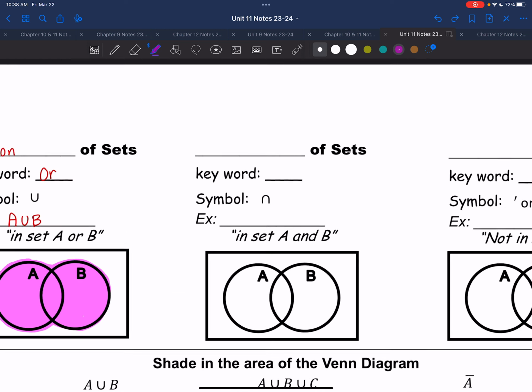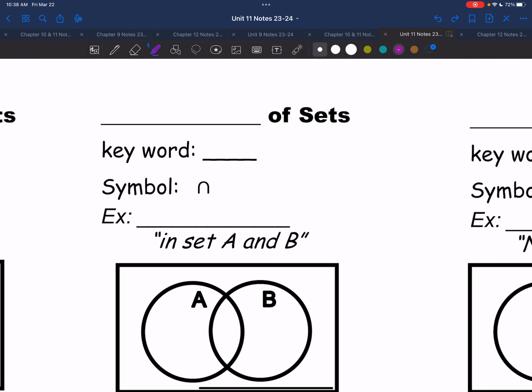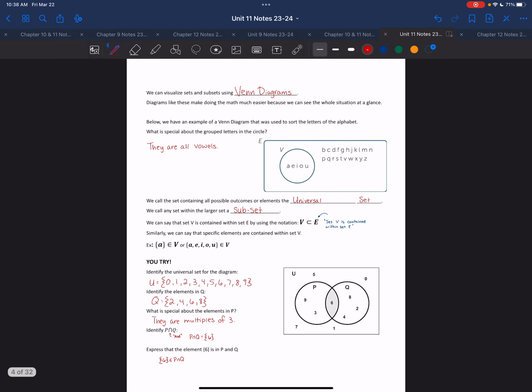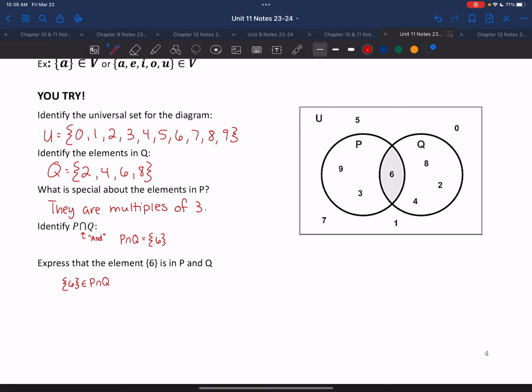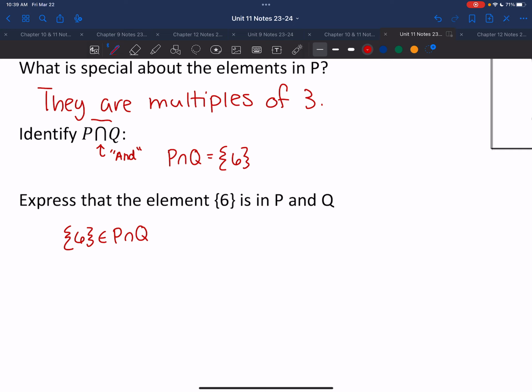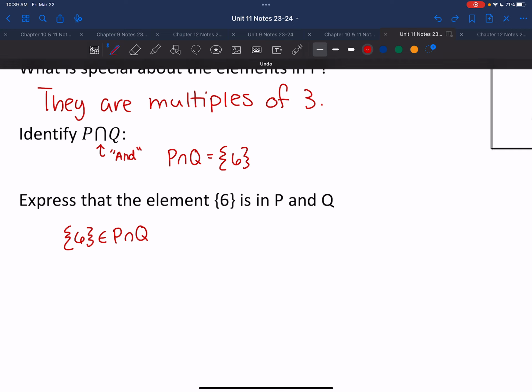Now the next one, this is the one that we talked about earlier. It is the intersection of sets. And the key word when you see this would be the word and. So going back a second, you saw in this last question, it said identify P and Q. And then we said, oh, well, that's element 6.